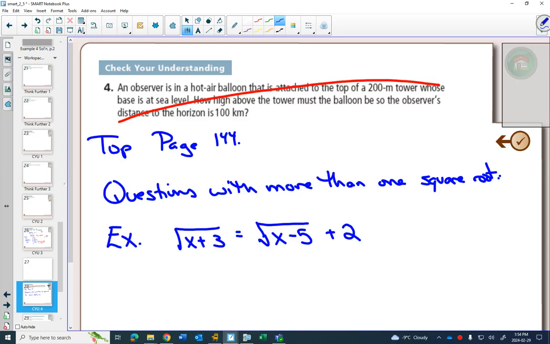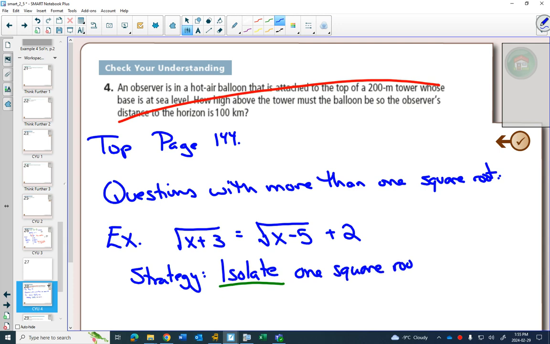Well, the strategy still stays the same, and we'll write out our strategy for these ones. So we're still going to isolate one square root and square. So this seems like exactly the same strategy. The problem with the strategy, though, is that it doesn't get rid of all of our square roots.